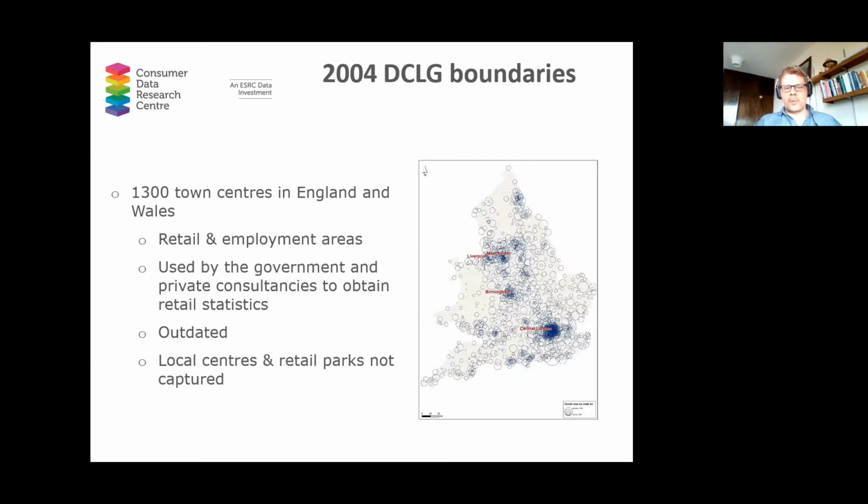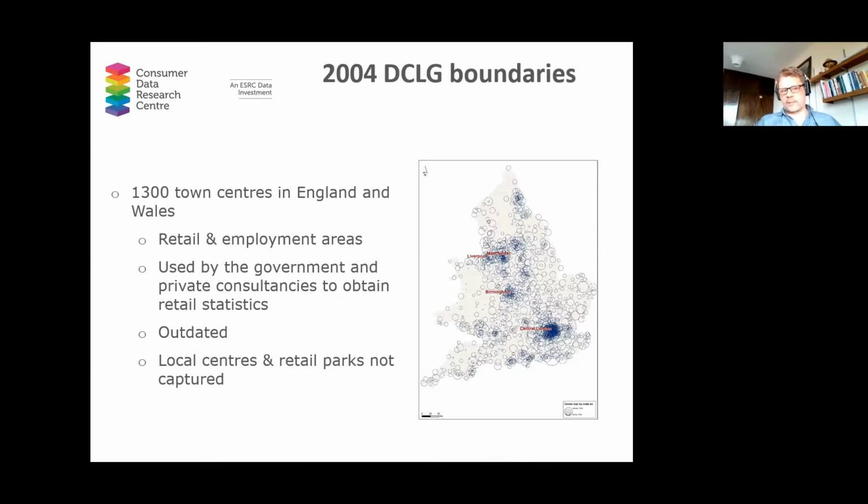They were popular. They were adopted by the government in 2004, and they were used by the government and private consultancies to obtain retail statistics, which are very, very useful. However, looking at them now, their extent is a little bit outdated, as they use data from the early 2000s, which is around 20 years ago. Retail centres are allowed to expand or to shrink. So in other words, they change their spatial extent.